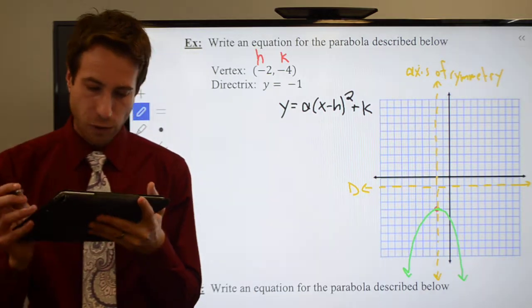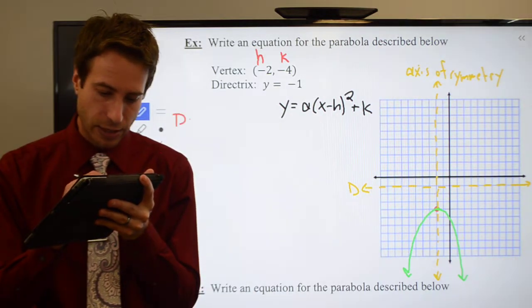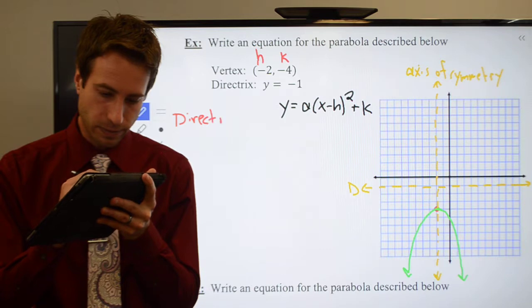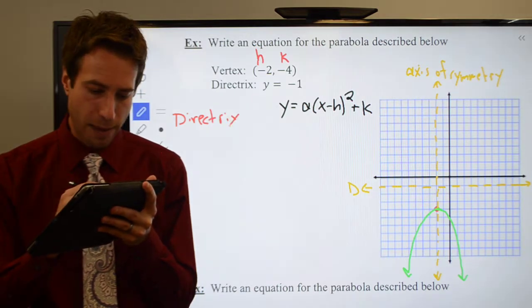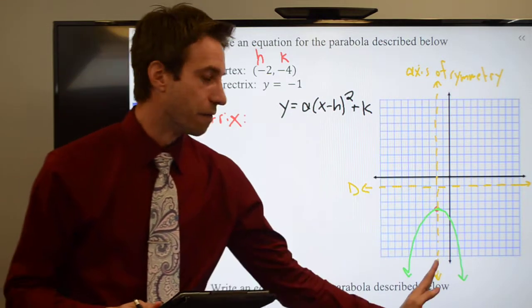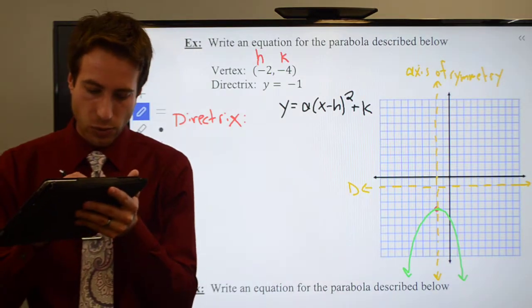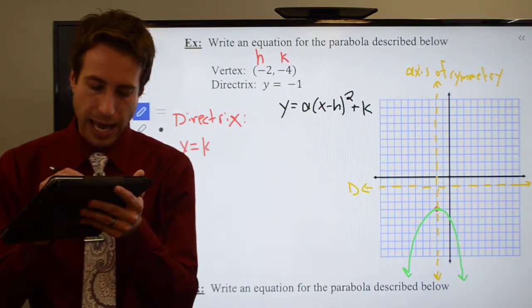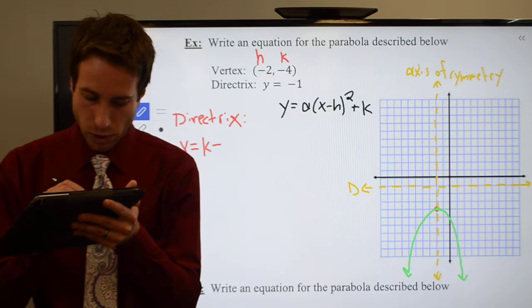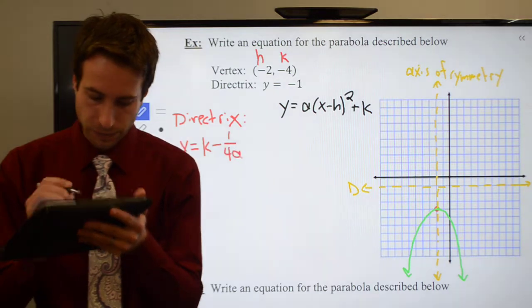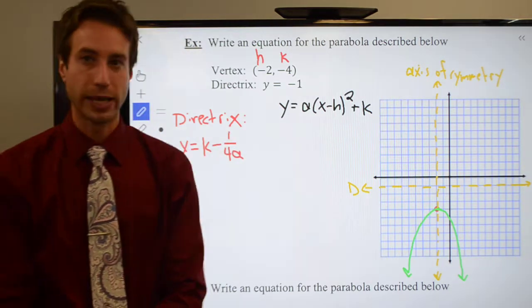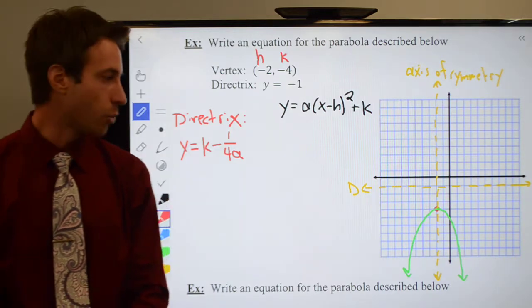Please look on your formula sheet, and what you'll see is that the directrix for a parabola that is oriented vertically has the equation y equals k minus 1 over 4a. At this point, plug in what we know.